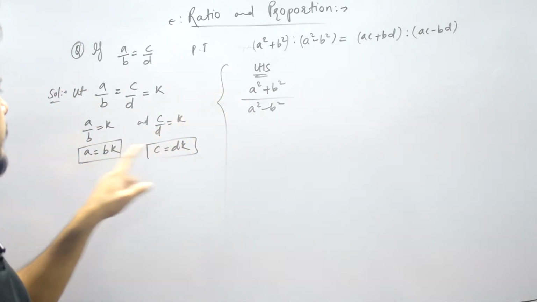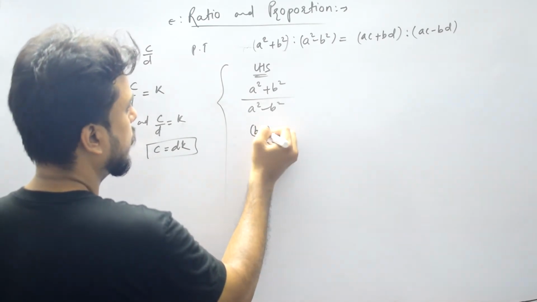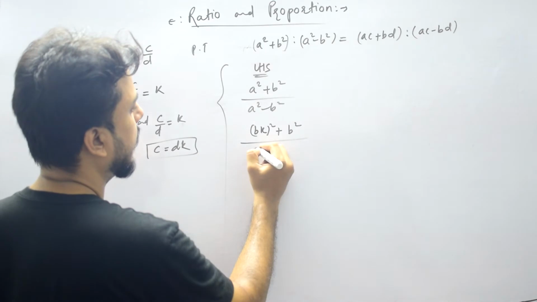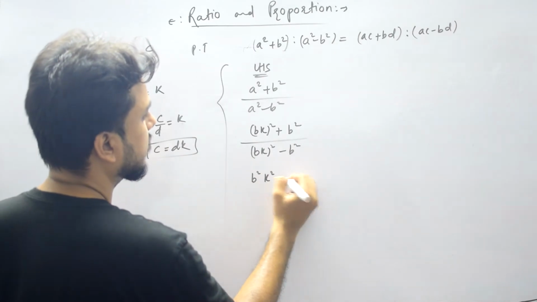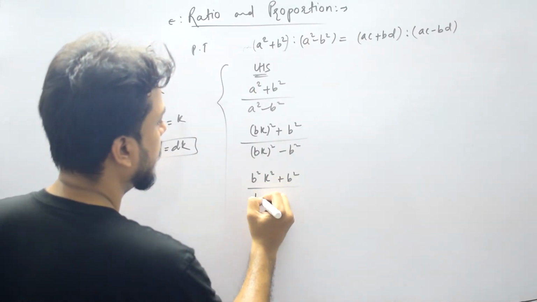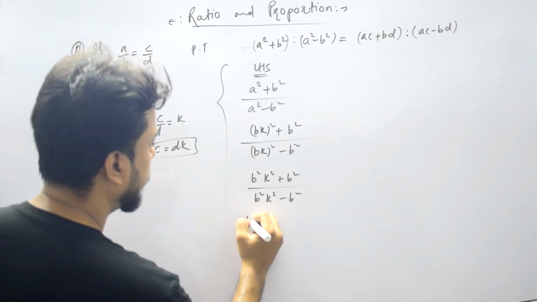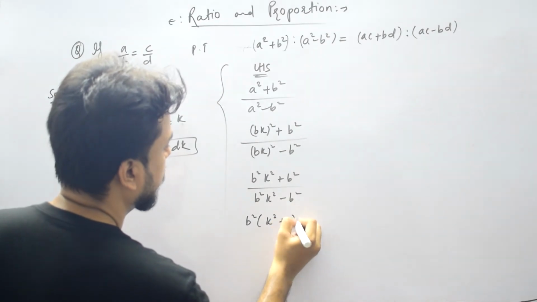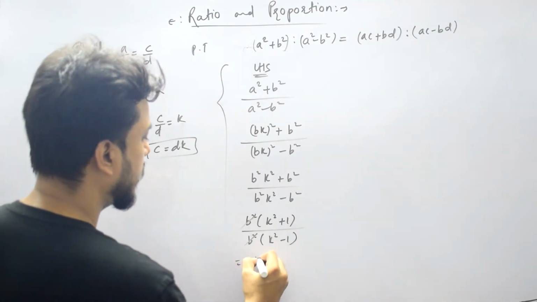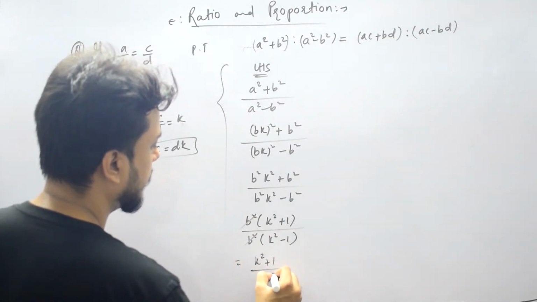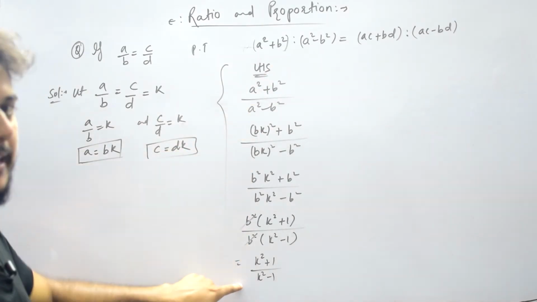Instead of a we put this value: ((bk)² + b²)/((bk)² - b²). This becomes (b²k² + b²)/(b²k² - b²). We take b² common and cancel it: b²(k² + 1)/b²(k² - 1), so we get (k² + 1)/(k² - 1). This is our final solution; the LHS is simplified in terms of k.